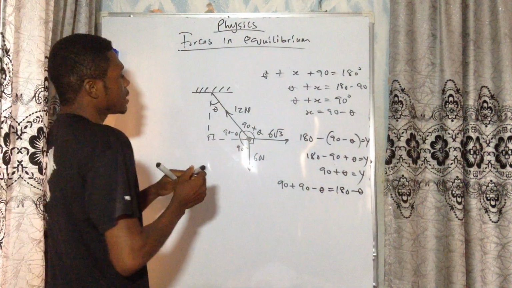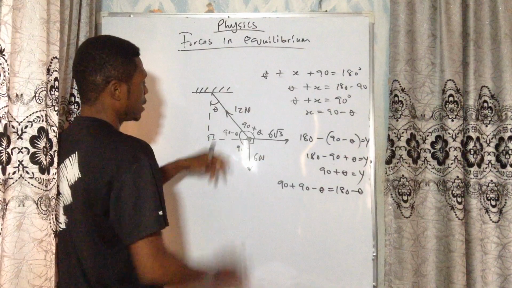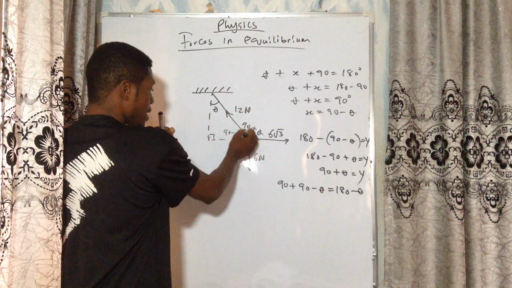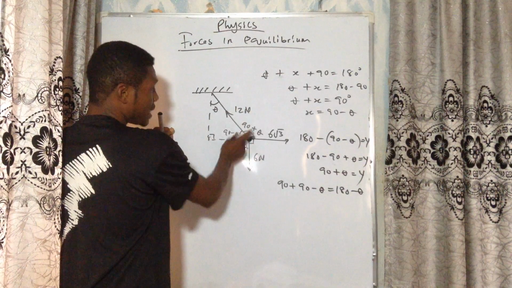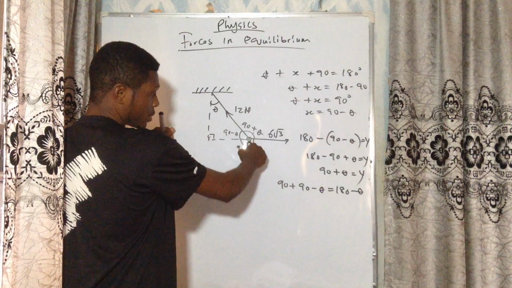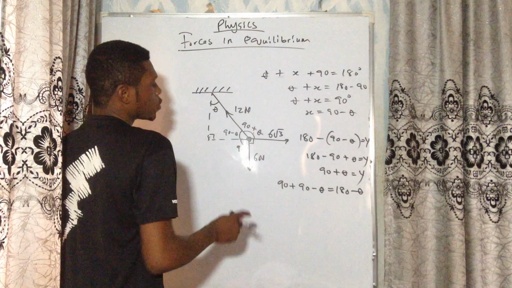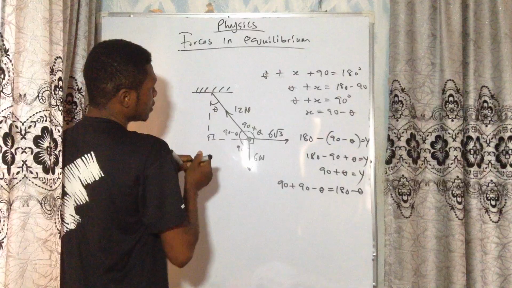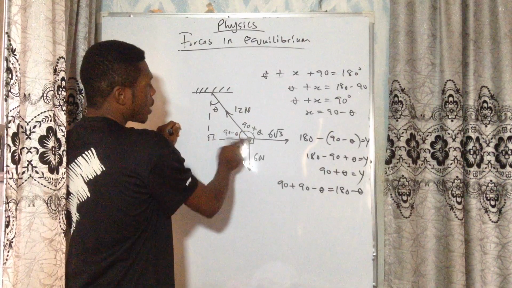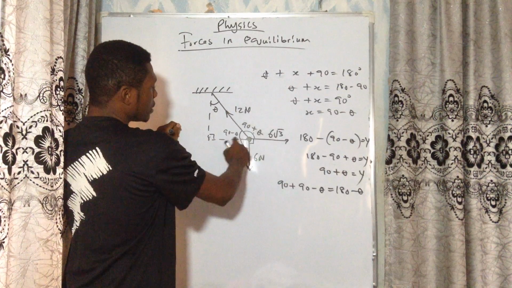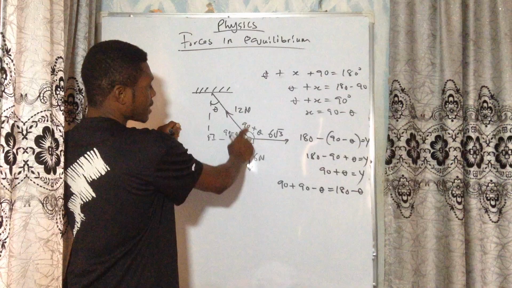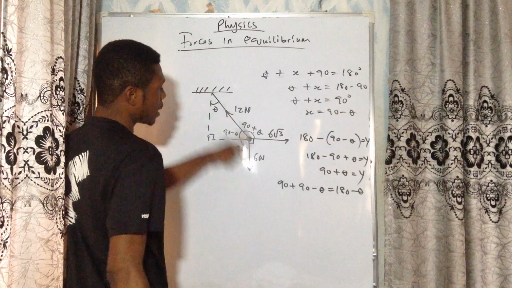So we have gotten the angle here. Remember, everything here is 180 minus theta. I hope you will remember, please. So now this one is 180 minus theta. This one is 90 plus theta. You see, this one is 90 degrees.